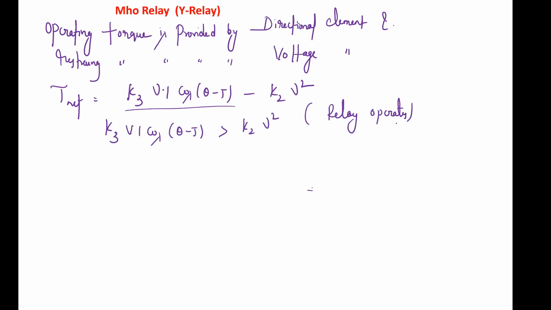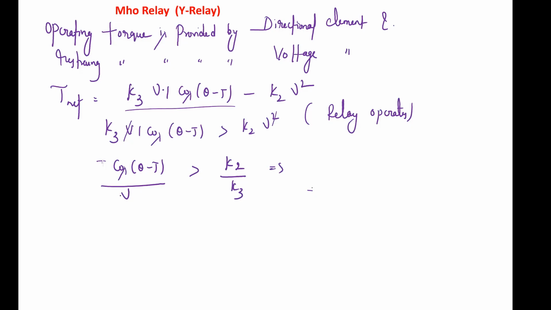Now, if you cancel the voltage on both sides, what are you going to get? I cos(theta minus tau) divided by V, bringing this voltage across, should be greater than K2 by K3. For the relay to operate, I by V cos(theta minus tau) should be greater than K2 by K3, which implies I by V is how much?